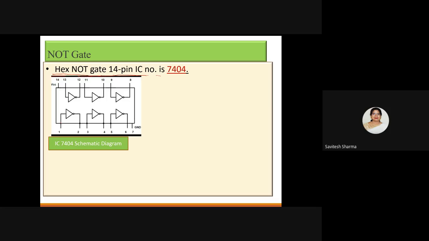If you want to apply input at this gate, you will use pin number 1, and if you want to see the output, you will see it at pin number 2. Again, if you want to use this gate, you will apply input at pin number 3 and you will see output at pin number 4. So what pin numbers should you remember?